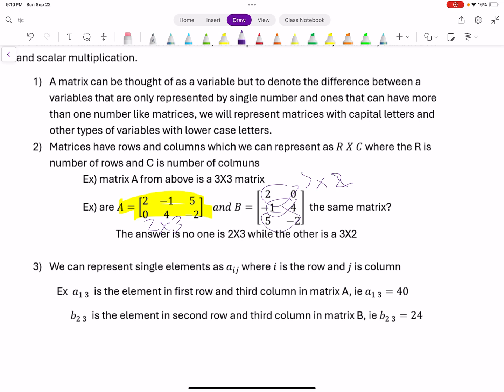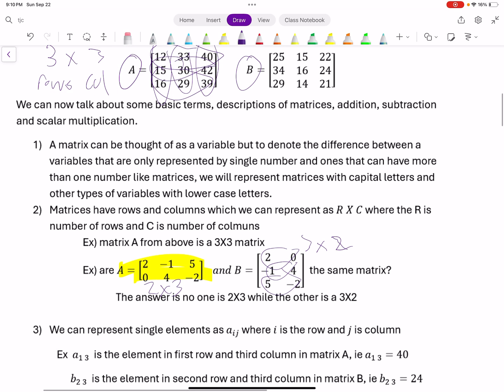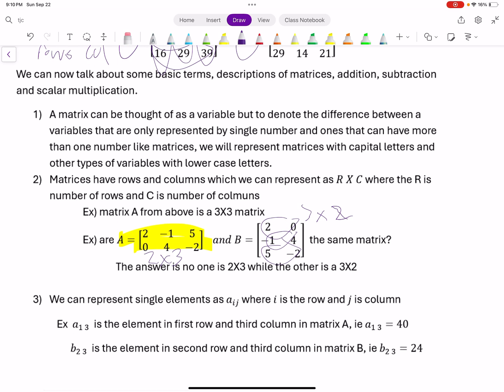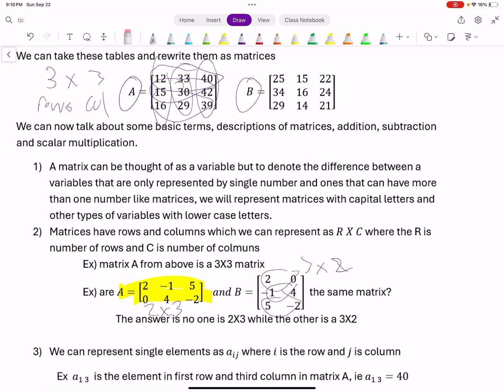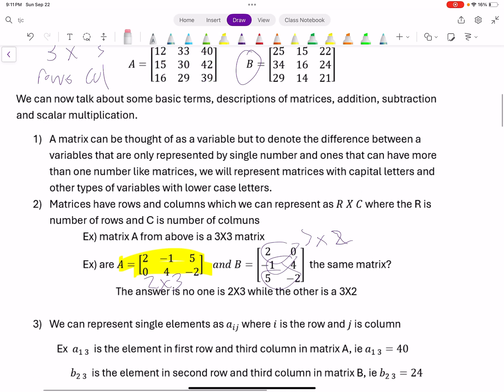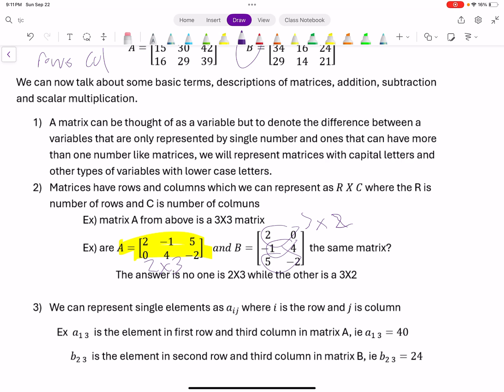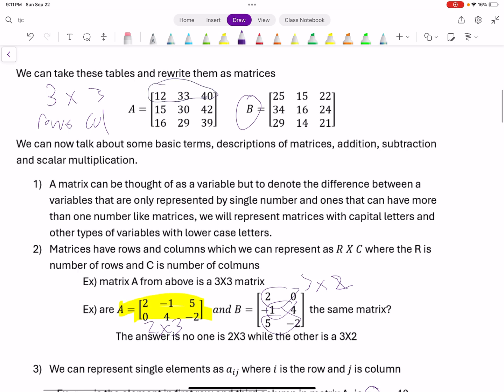Okay. Now we can represent single elements from a matrix by a lowercase letter. So if we want to know for matrix A what the 1, 3 is, so here in the big matrix A above, if they want to know what A13 is, so A, this is the row, this is the column. So looking for row 1, column 3, that gives you this element, which is 40.